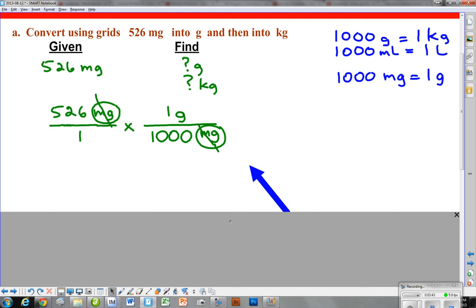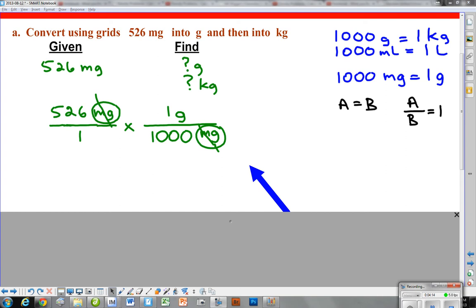Well, here's what you have to understand as background. A equals B. What does that mean? That means that if A is equal to B, when I divide A by B, that's going to be equal to 1. That's very, very good information. And why is that?